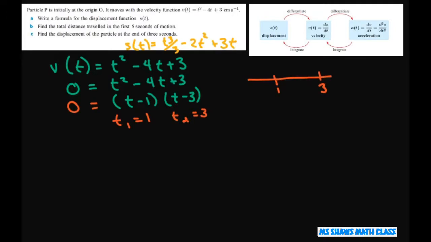Since 0 is on the outside and we need to start at 0, let's plug in 0 in here, and if you plug in 0 there, you're going to get positive.